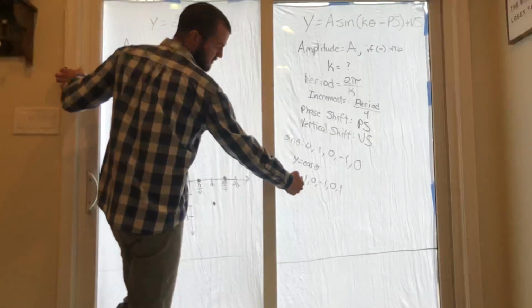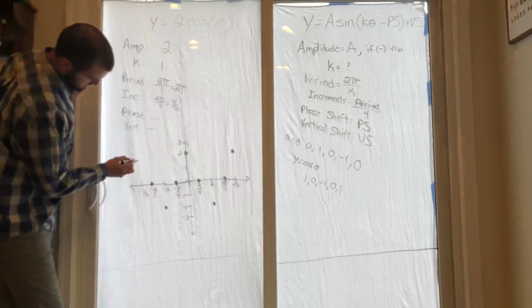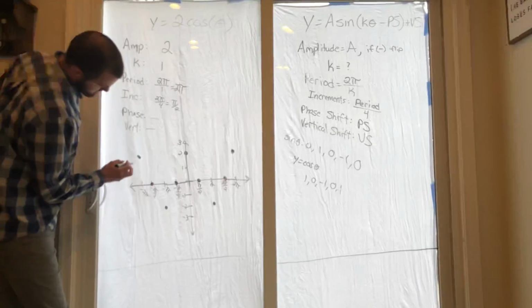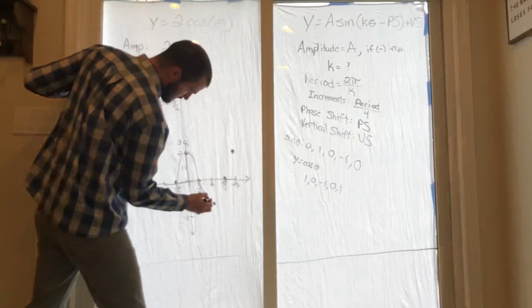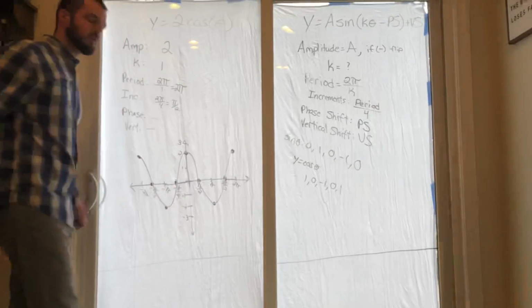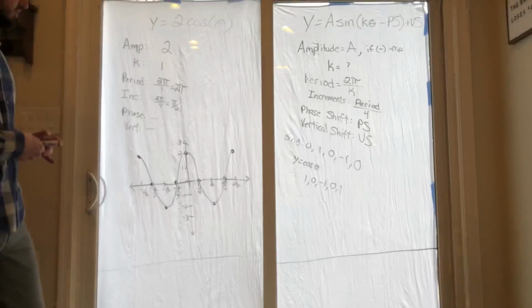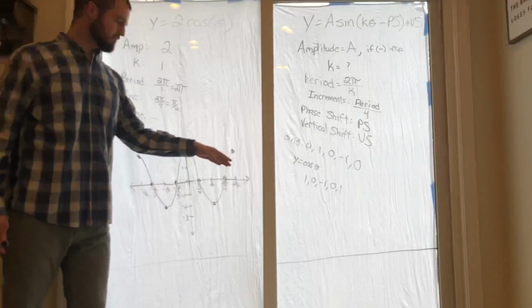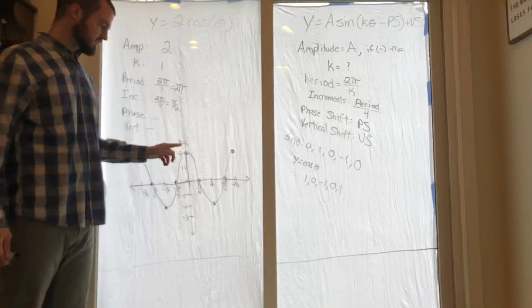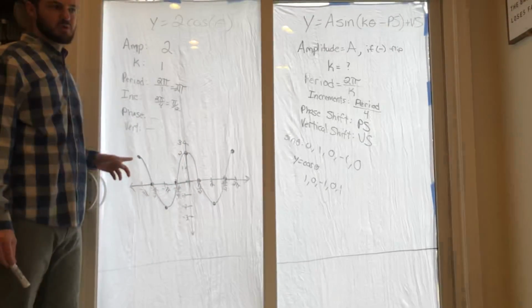Move left again to 1 times 2 is 2. And there's our graph. It should be a wave that follows the same pattern. If at any point it's not looking like one continuous wave, you screwed up somewhere.